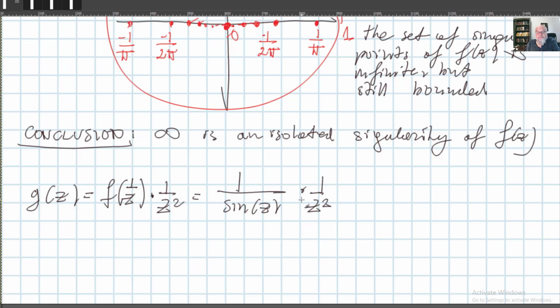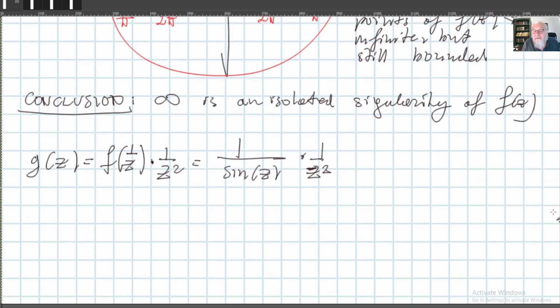So z0 equal 0 is a pole of order 3. How do I get this order 3?